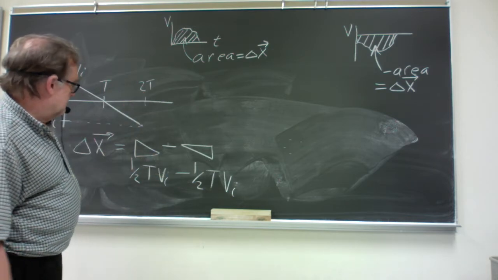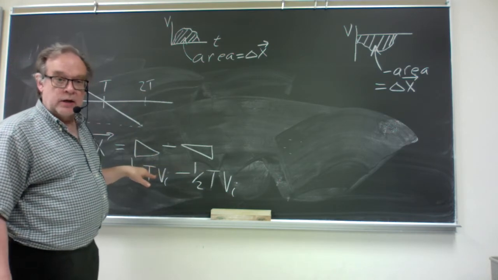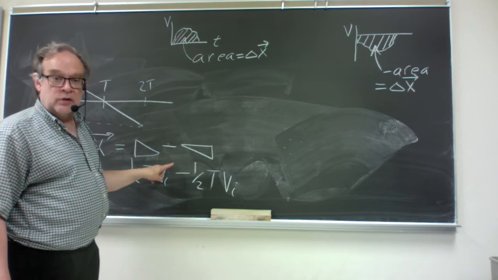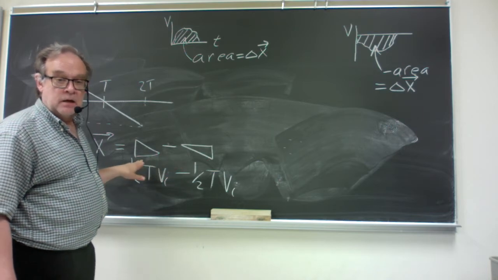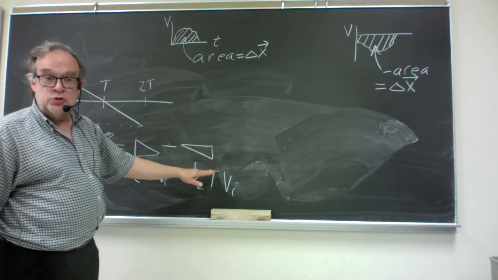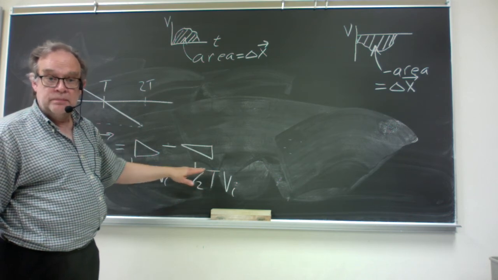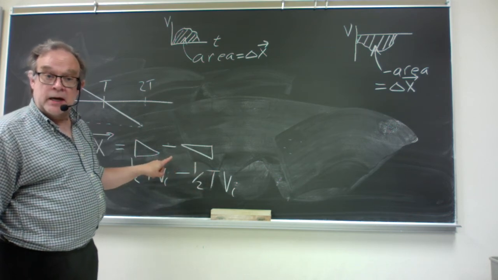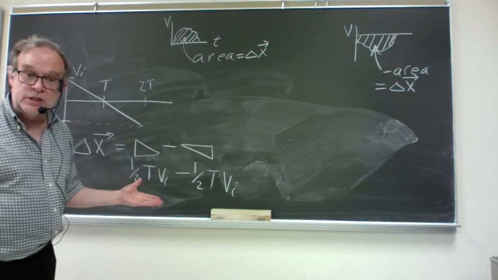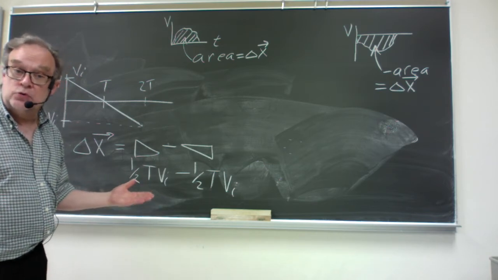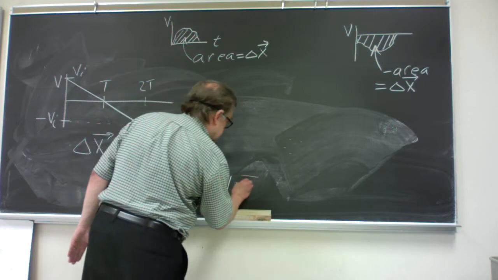So in any case, we have equal amounts of area, but traveling in opposite directions. The magnitudes of these two displacements are equal, but they have opposite sign, so those two displacements just cancel each other out.